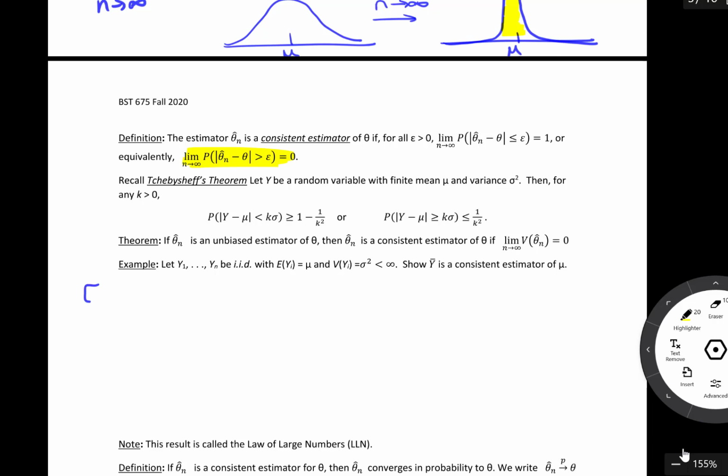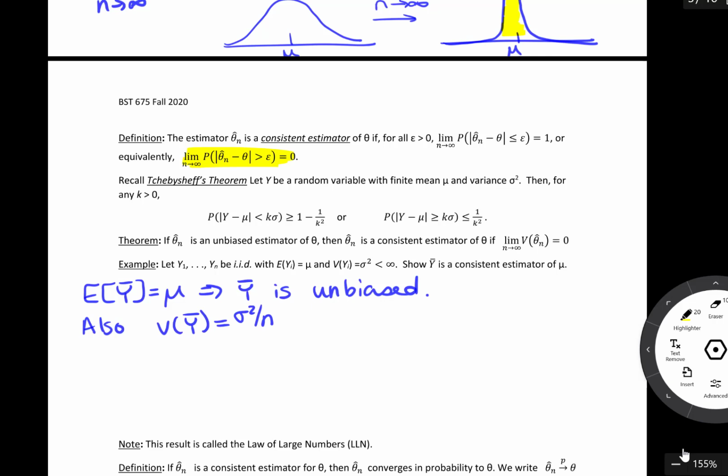So we've already shown many times that the expected value of y bar is equal to mu, so we know that it's unbiased. And then also we know that the variance of y bar is equal to sigma squared over n.